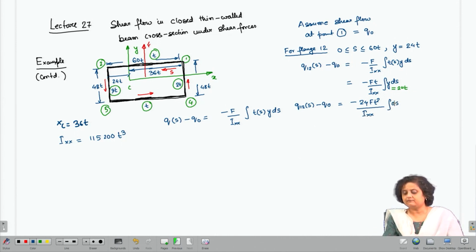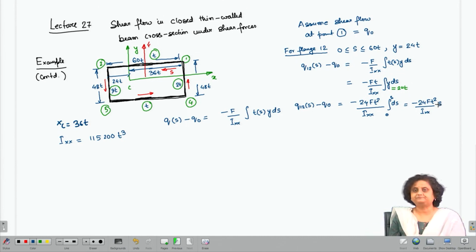Now, the integral of ds is just going to be from 0 to s. So, this is just going to be minus 24 F t square by Ixx into s. This is the expression for Q12 that we have.